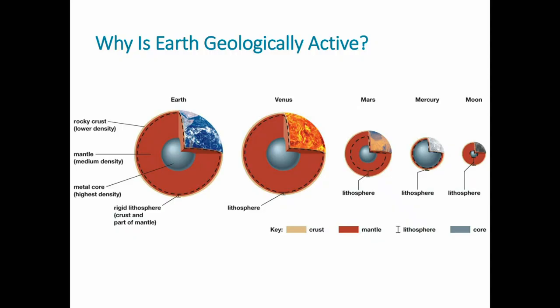So in order to have some kind of geologic activity, there has to be this mantle layer where rocks are able to move more freely, and they're not completely solid.